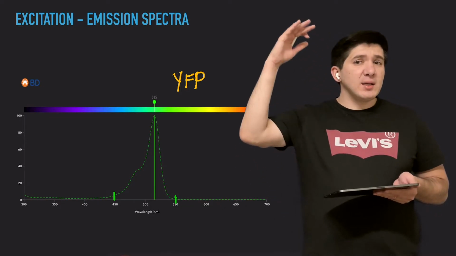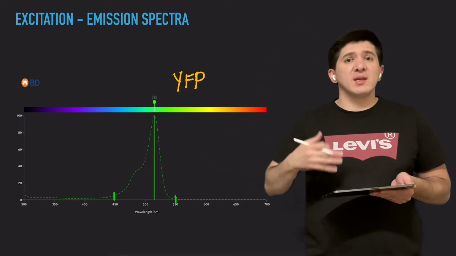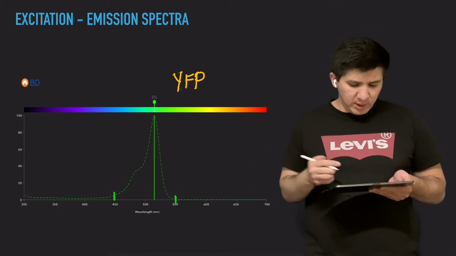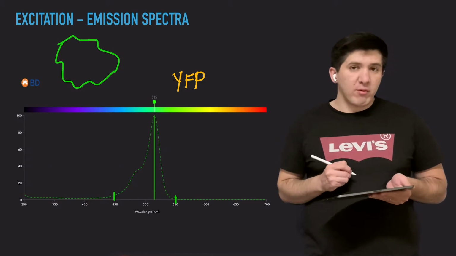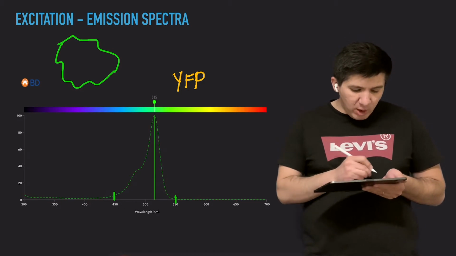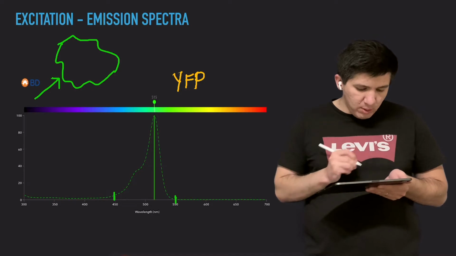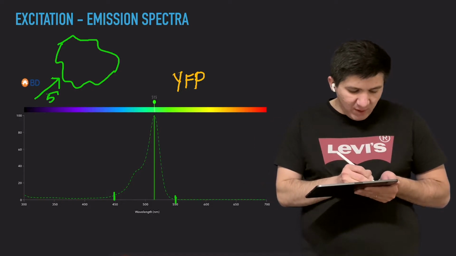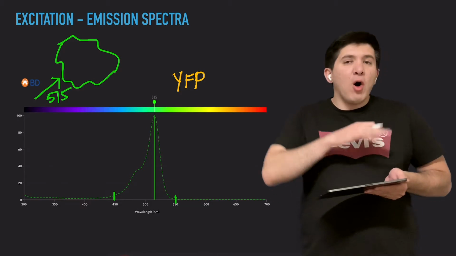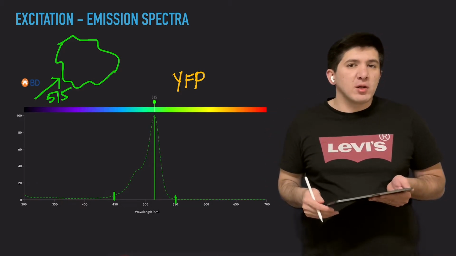The height of this curve means the intensity. If you've got a sample with lots of fluorophores and you flash this sample with light at the peak wavelength, then all of the fluorophores in your sample are going to be excited.